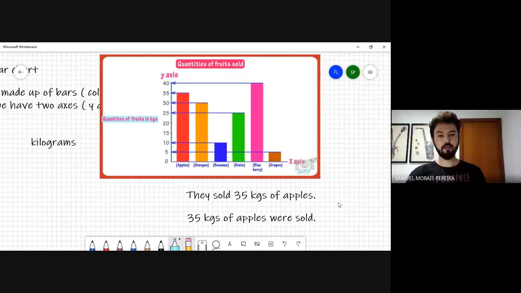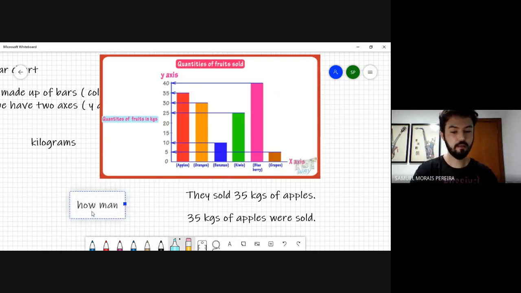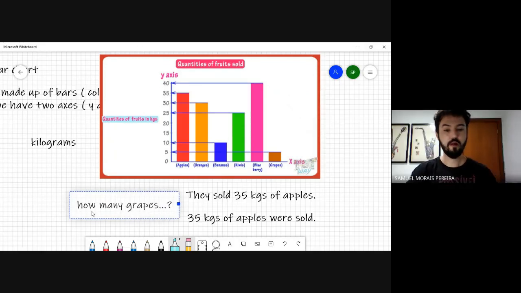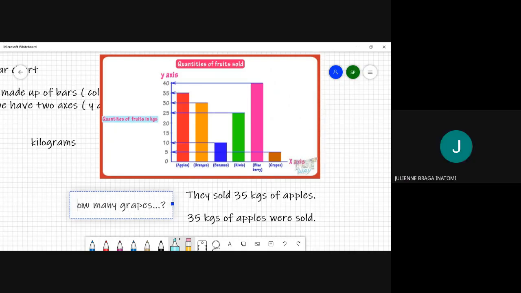Yes. Juliane, how many grapes were sold in this period of time here, Juliane? How many grapes? 5 kilograms of grapes were sold.